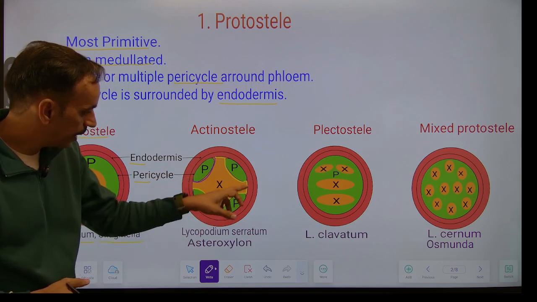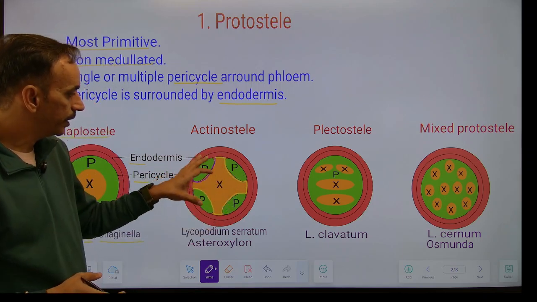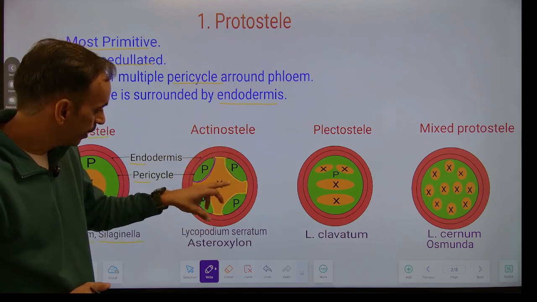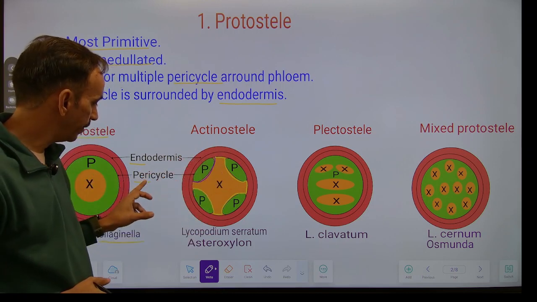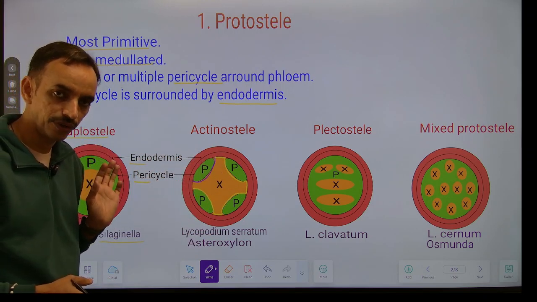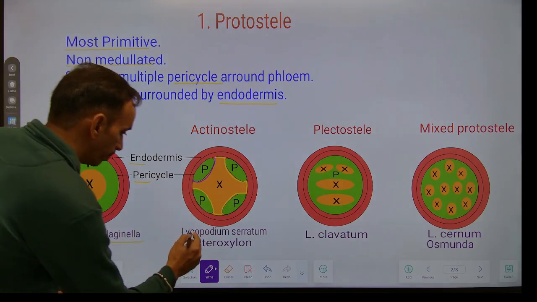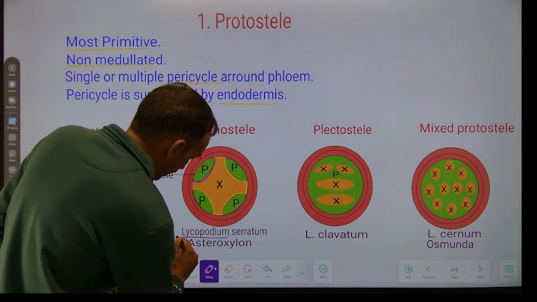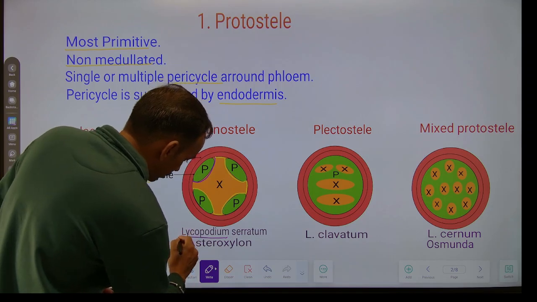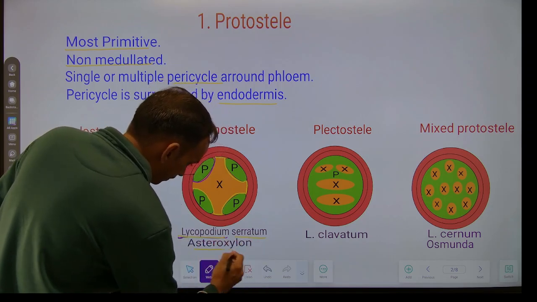If you observe this type of structure, it is known as the actinostele. This structure again has the pericycle and the endodermis. It is found in Lycopodium serratum as well as in Asteroxylon.